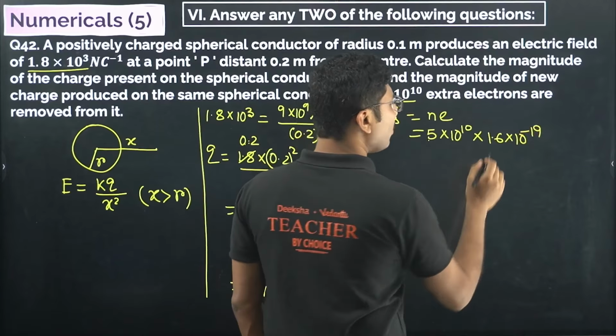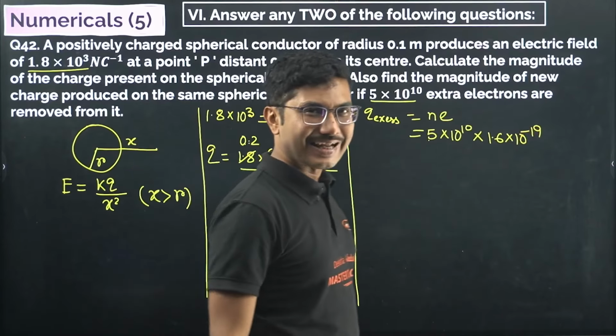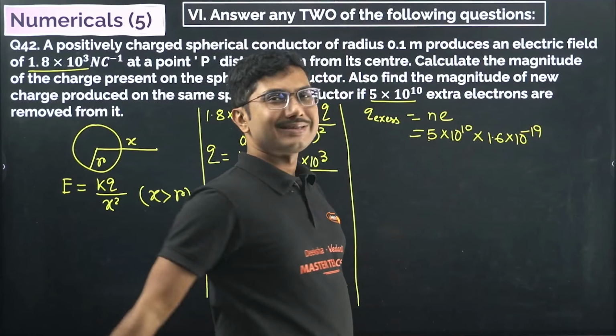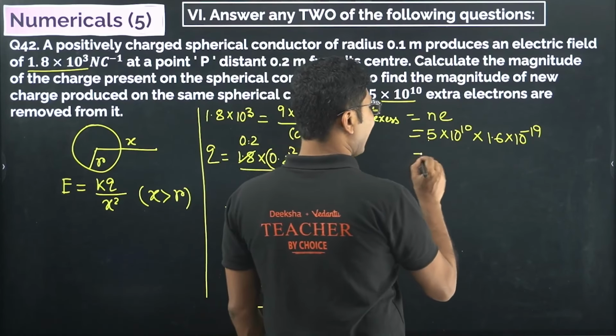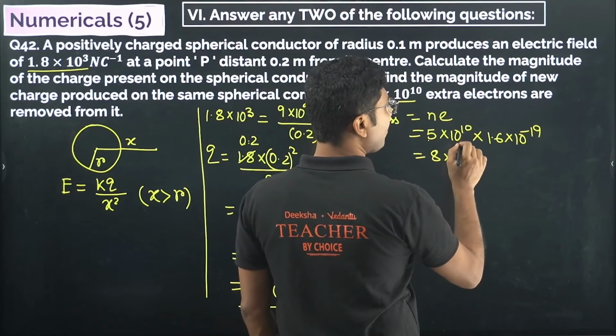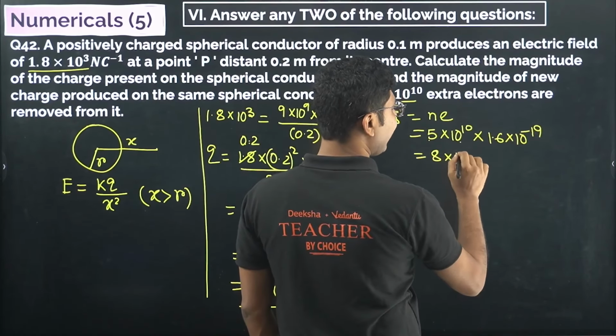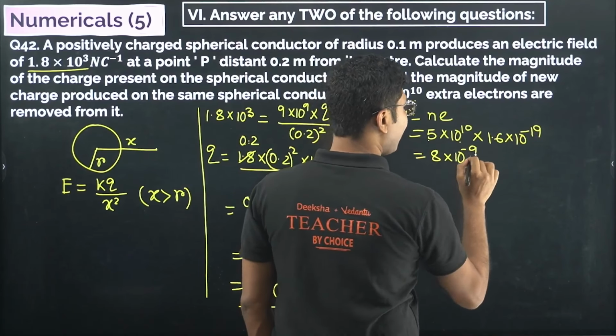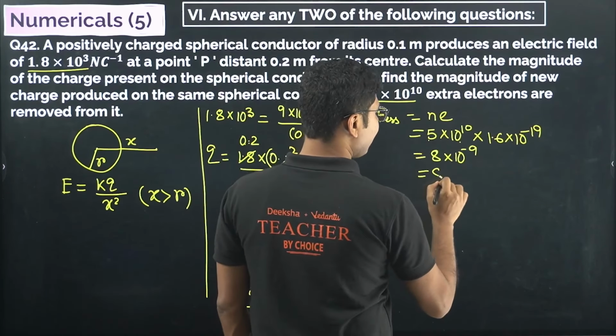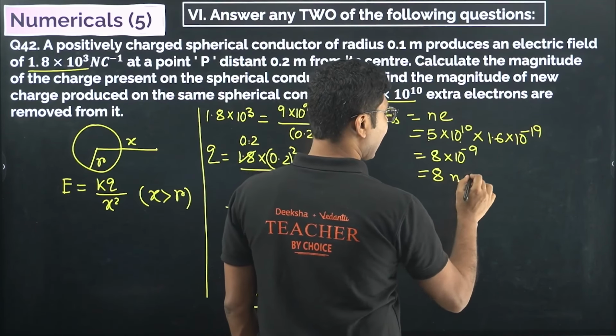Now 5 into 1.6 is 8. So it will be 8 into 10 to the power of 10 into 10 to the power of minus 19, which is 10 to the power of minus 9. So the extra charge will again be 8 nanocoulomb.